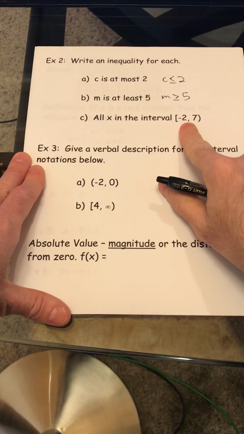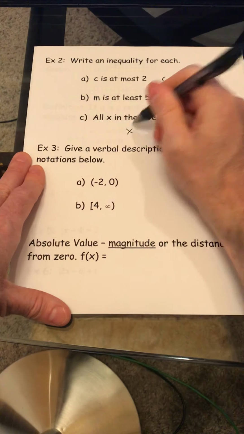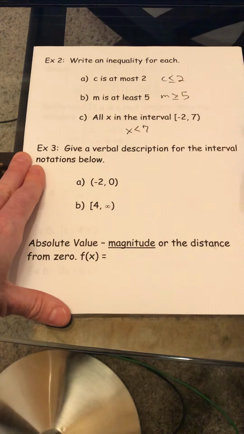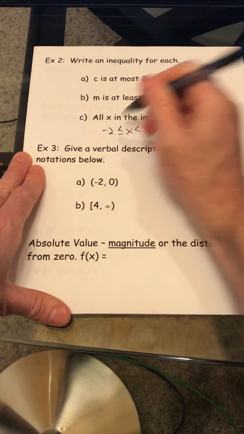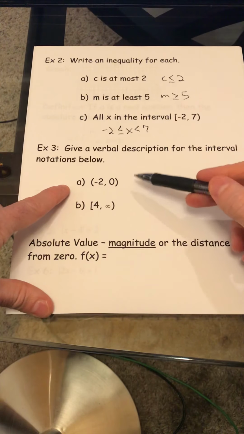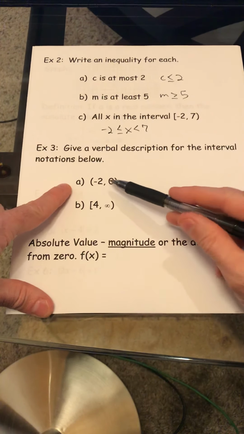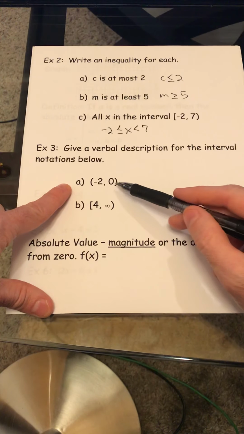All x's in the interval -2 to 7. Well, that means x has to be less than 7, greater than or equal to -2. Again, going the other direction with it, give a verbal description for the interval below, -2 to 0.